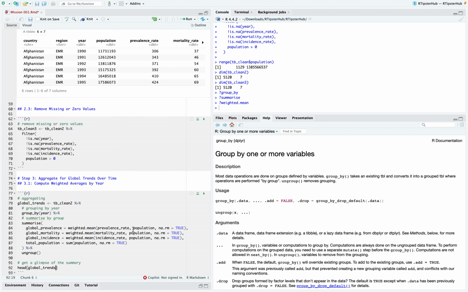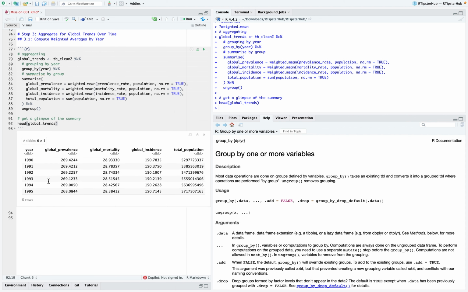You see the common thread across all of these is population, because we are using the population to calculate the weighted mean. Right, so you see the year and global prevalence across the years. Okay, that's good.